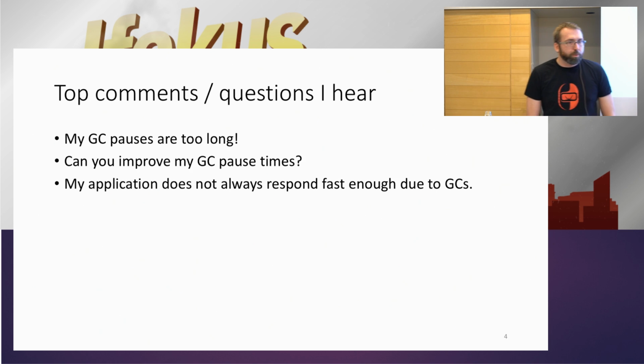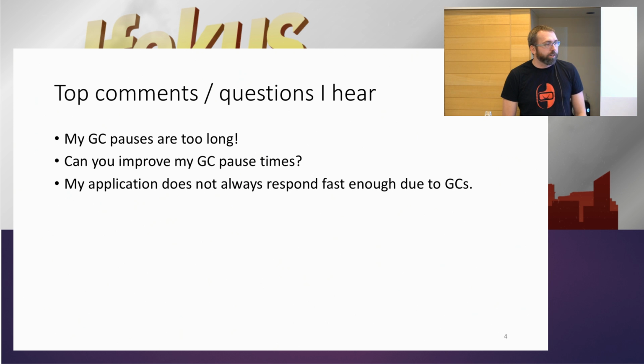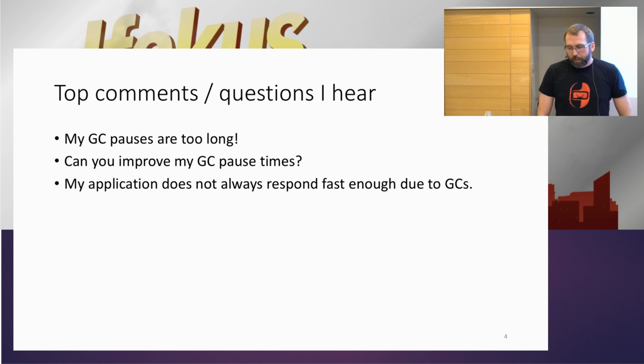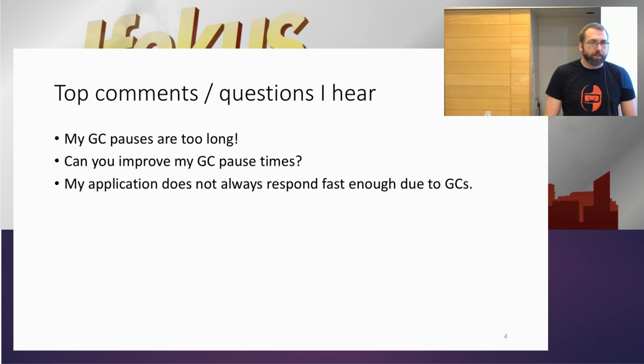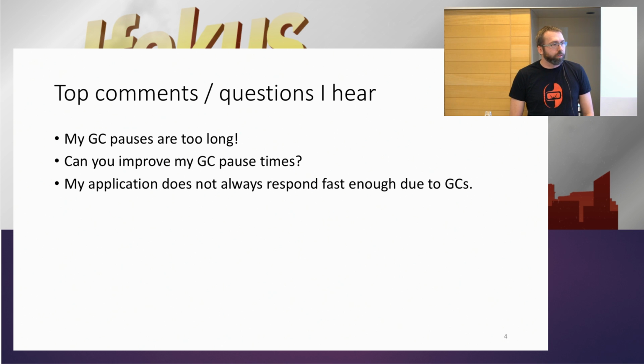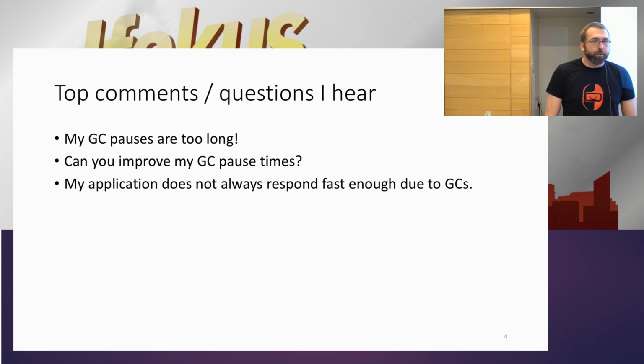Anybody who works on GCs or the Java VM at all probably gets asked these questions a million times. Everyone I talk to, customers everywhere, their major complaints are that GCs are too long, they interfere with their application, and what can I do to improve it.